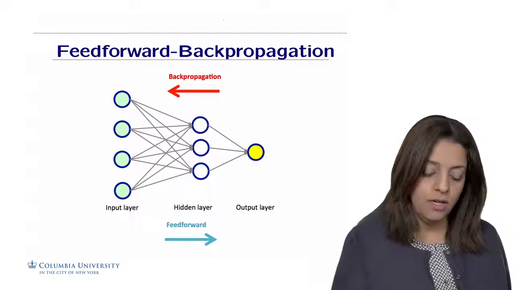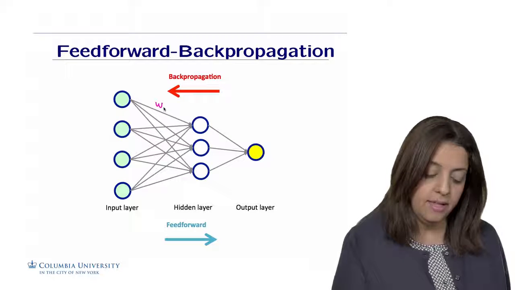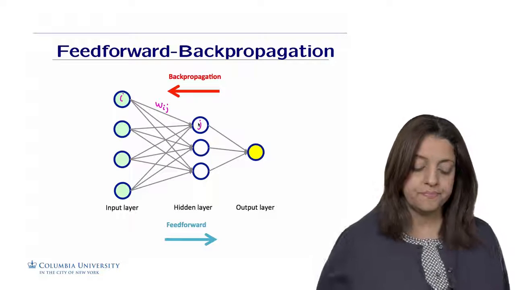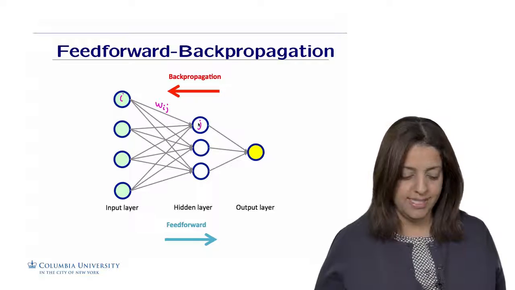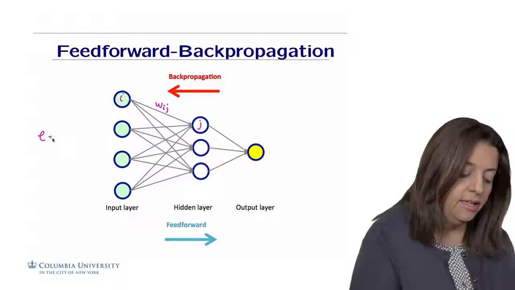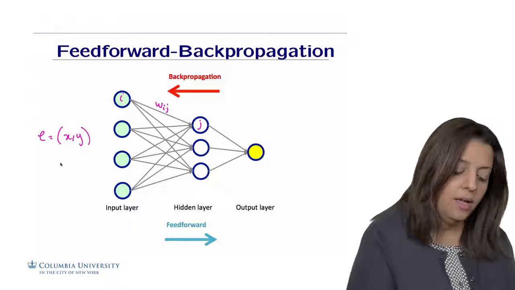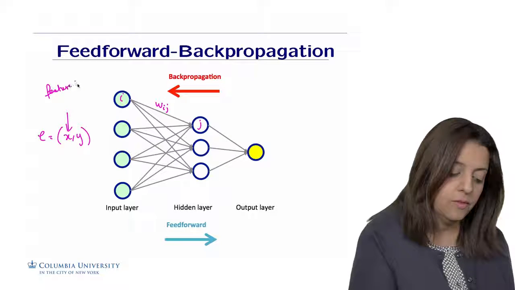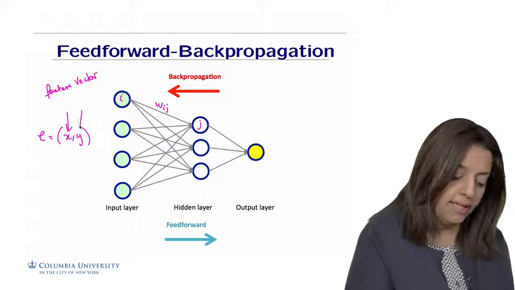Each connection is weighted by some w_ij between neuron i and neuron j, also called units. Given an example, let's call it E, a pair x and y, where x is the feature vector and y is the label.